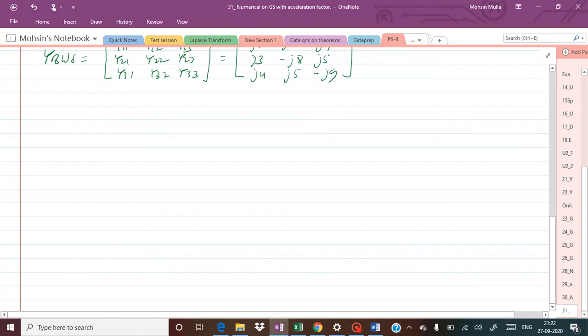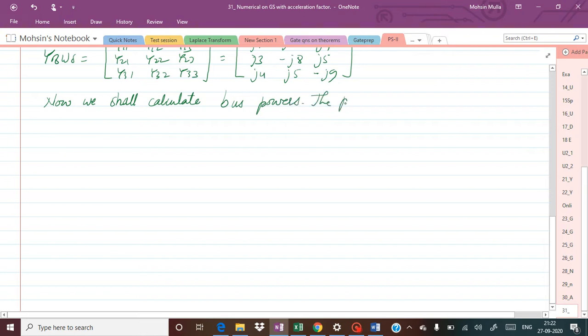So now we shall calculate the bus powers.